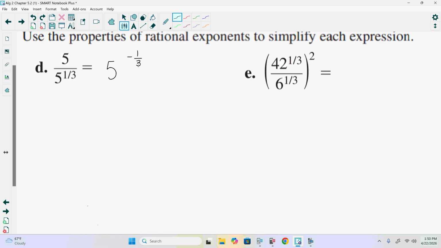And what is the numerator's exponent in this case? 1. It's not written, so it's understood to be 1. So we have 5 to the 1 minus 1/3. 1 minus 1/3 is 2/3, telling us that we have 5 to the 2/3. And that's it.